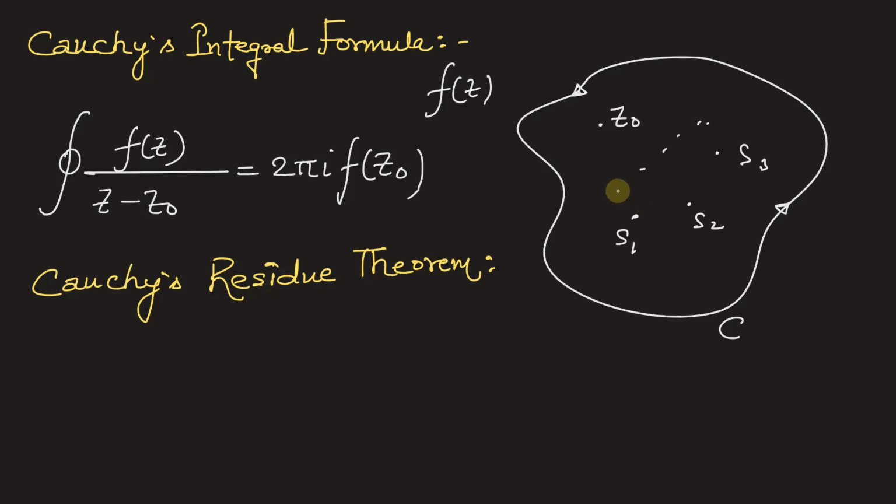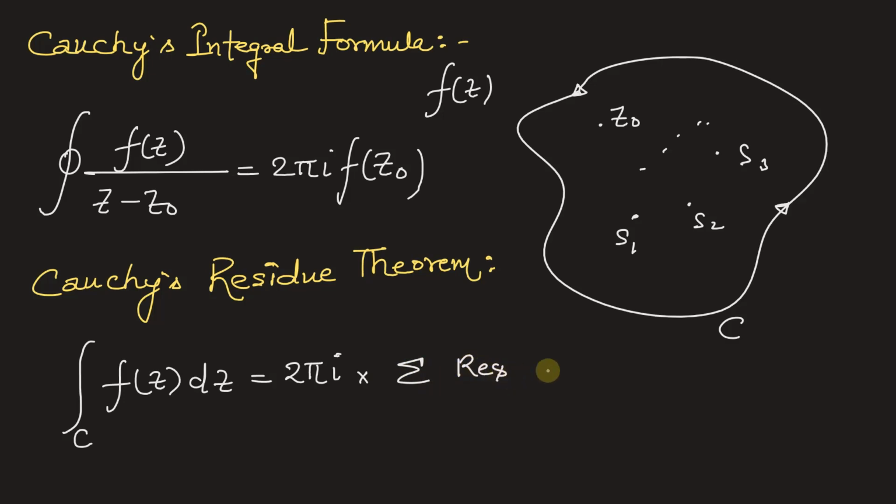According to Cauchy's residue theorem, the line integral on curve C of f of z dz will be equal to 2 pi iota times the summation of residues of f of z at the singular points within C, so z is equal to sk, where k belongs to 1, 2, up to n, let's say there are n singular points. So that's how we write Cauchy's residue theorem.